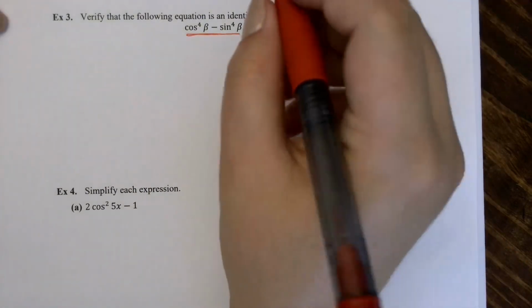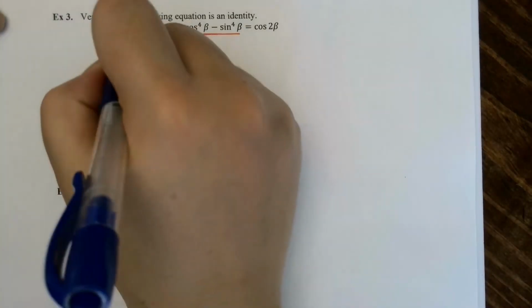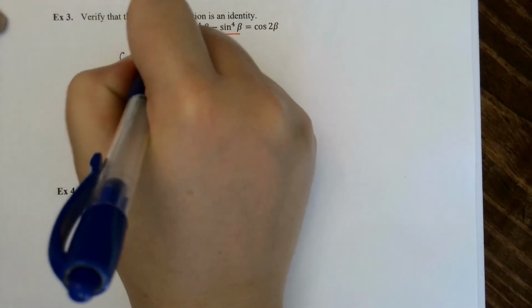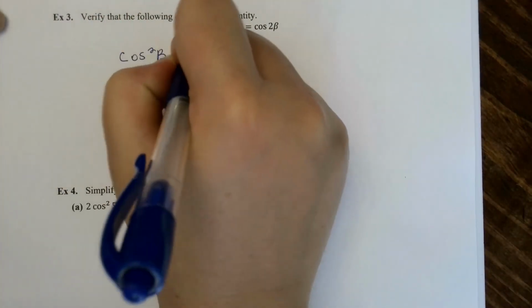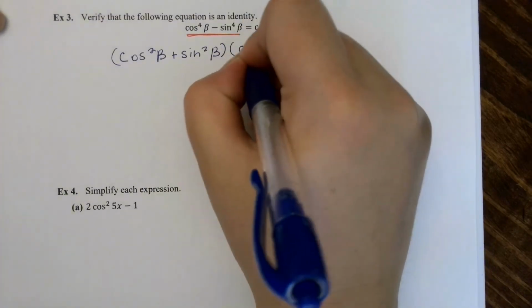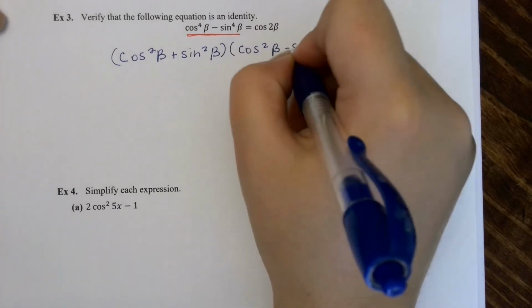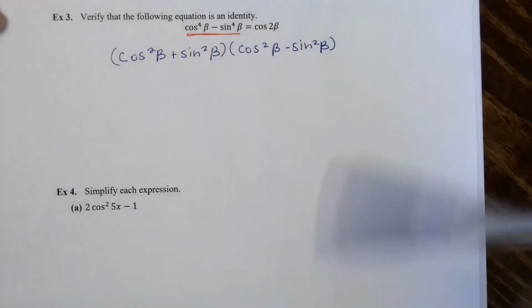So this is going to break down into cosine squared beta plus sine squared beta times cosine squared beta minus sine squared beta.